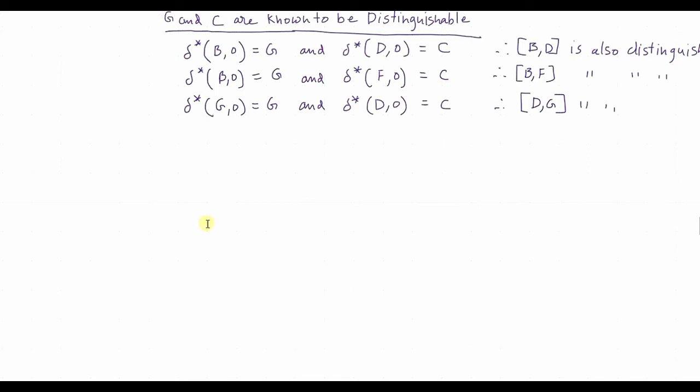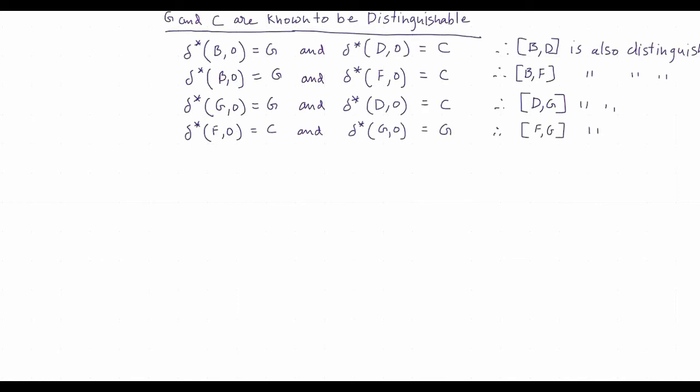Okay, we say that del star of F on 0 gives you C, and del star of G on 0 gives you G. Therefore I can say that F and G is also distinguishable.